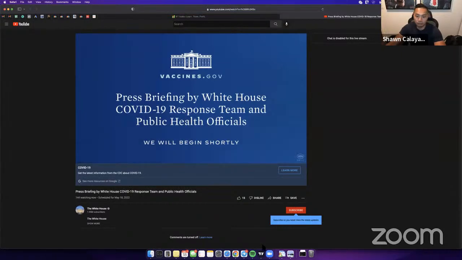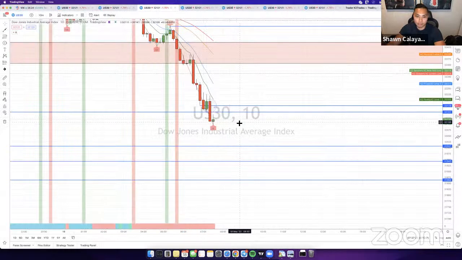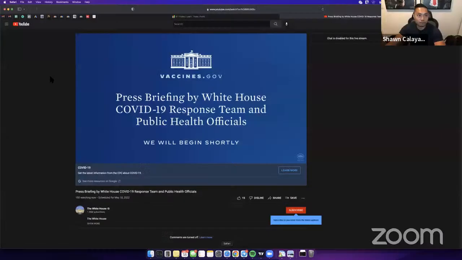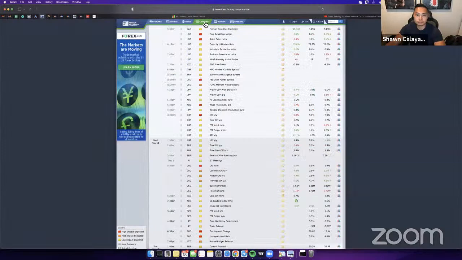Not necessarily price wise, but you're going to see some volatility spikes because I know they have a new vaccine out, I don't know what it was, for Pfizer, I think, where they can give it to children now. So obviously it's not going to be good. You're going to see some unusual movements in price. Let me see if there's anything else going on today as well.